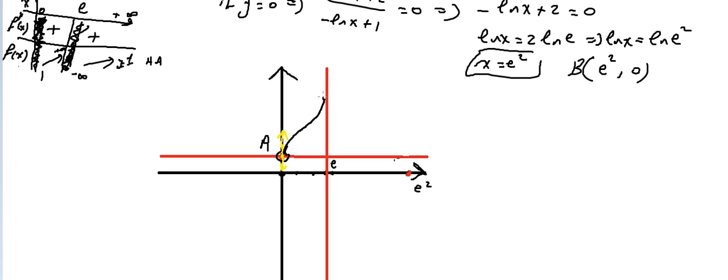And at e plus, it comes from minus infinity, goes all the way through this point B, and then approaches 0, the distance between this line and the curve, because it is an asymptote.